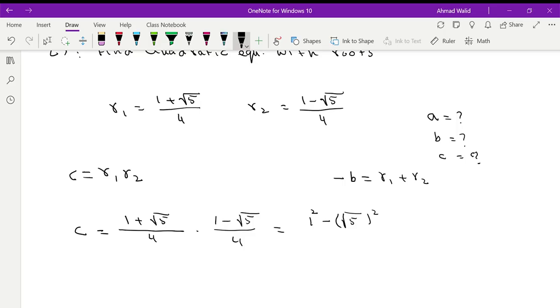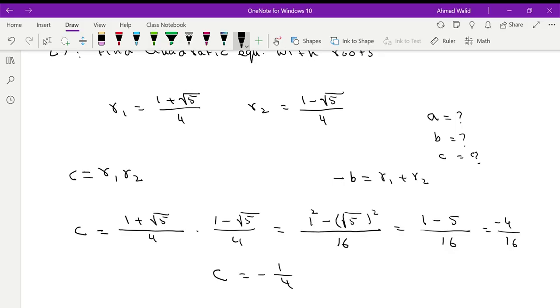I'm using the x plus a times x minus a special product. I'm going that method. I'm not foiling it, right? Over 4 times 4 gives you 16, which you will end up with 1 minus 5 over 16, which gives you negative 4 over 16. It means c is equal to negative 1 over 4.